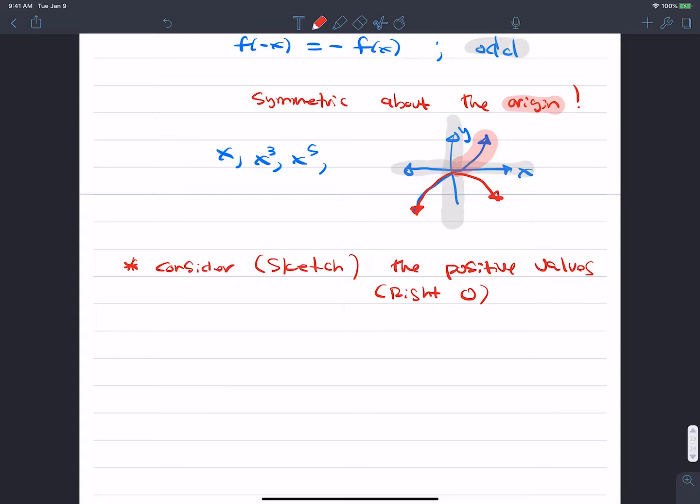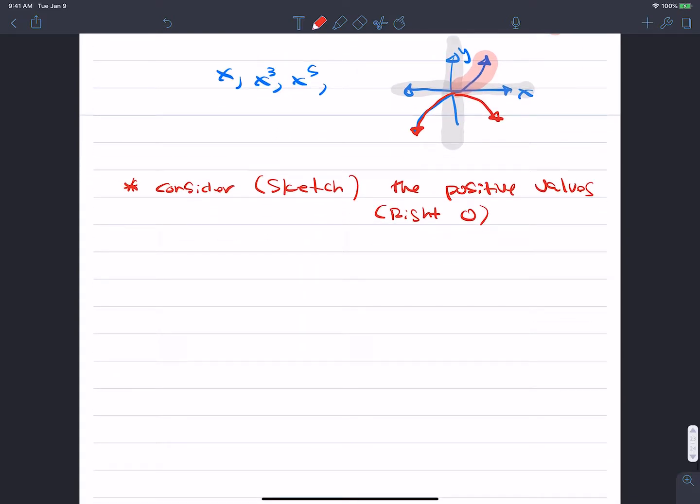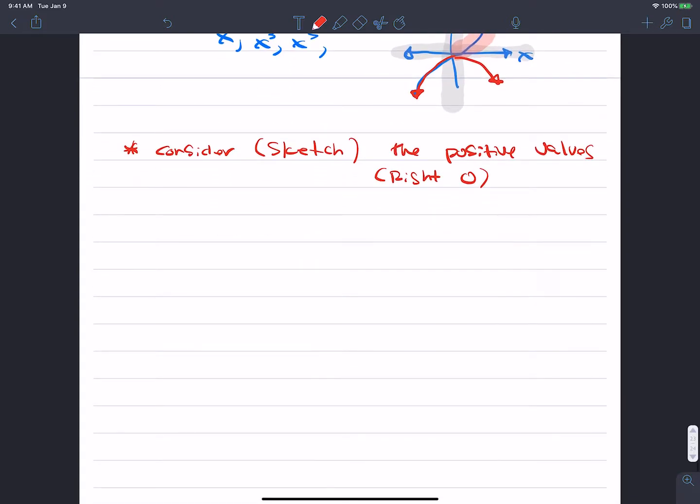Also, since these are trig functions, what do we know about symmetry? Since these are trig functions, this curve is what? This is periodic. We're going to have to figure out what is the period here, since they're periodic.